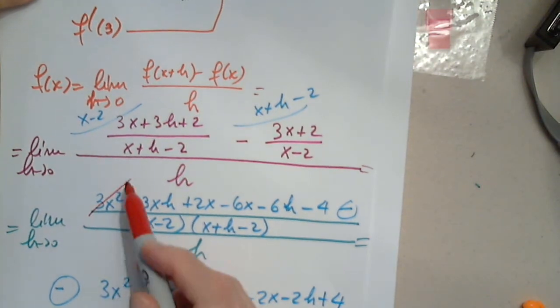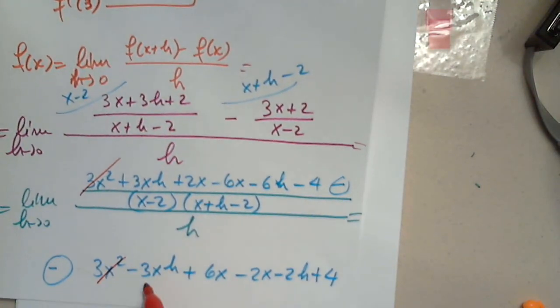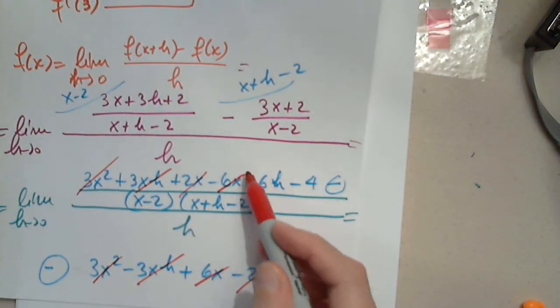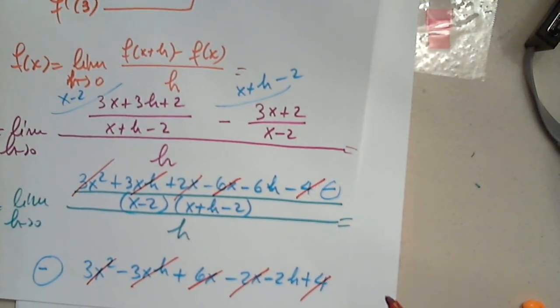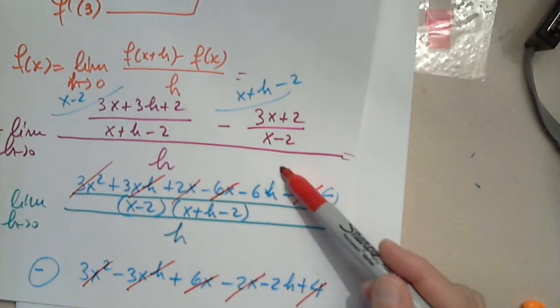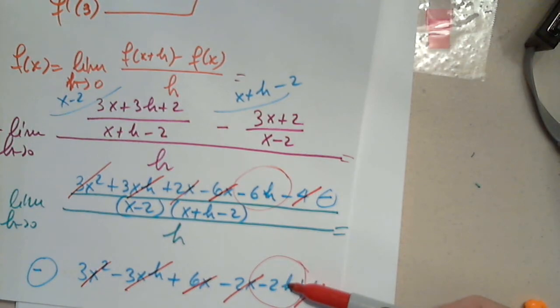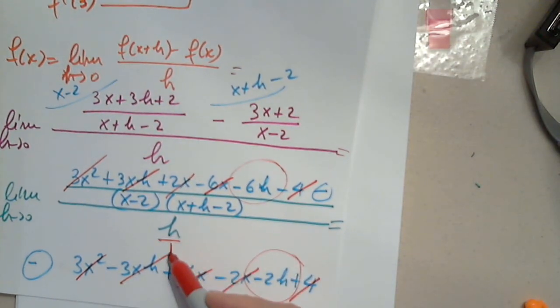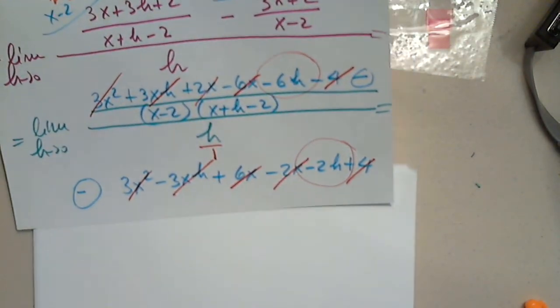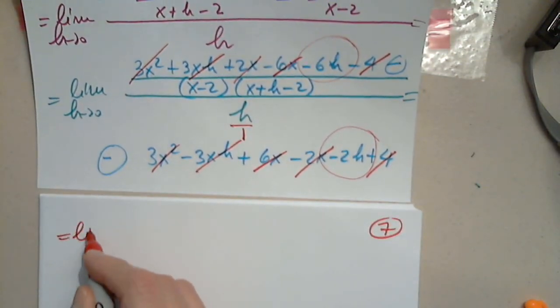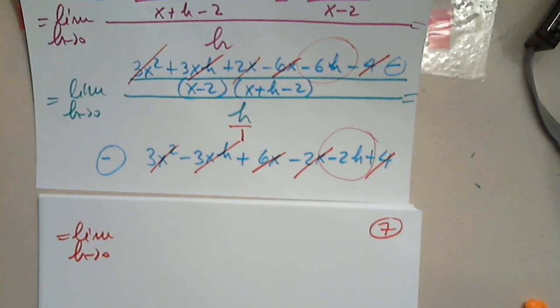Okay, so these two go away. These two go away. These two go away. These two go away. And these two go away. So what is left in the numerator is negative 8h. And then I have to flip the denominator. So the next step, limit as h approaches 0.